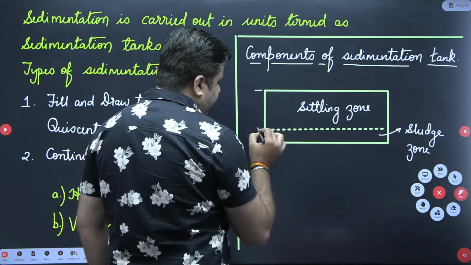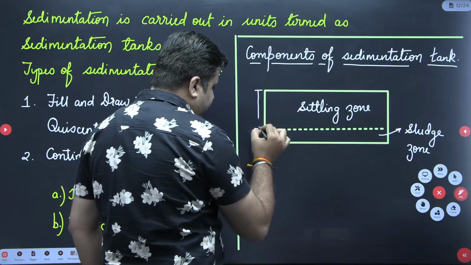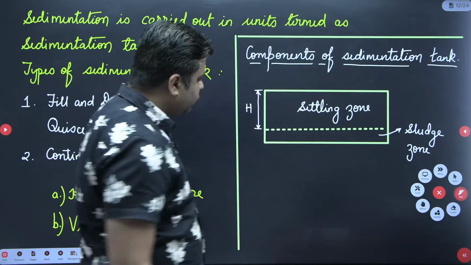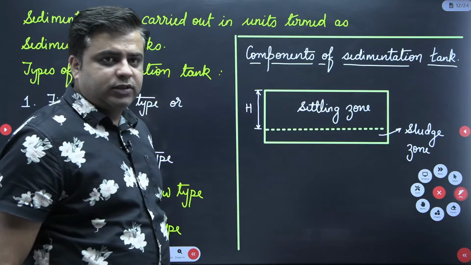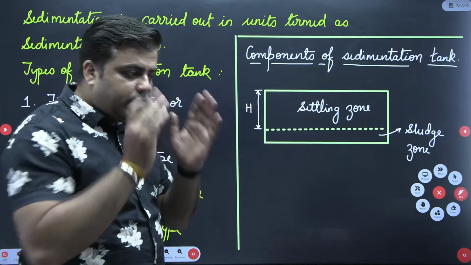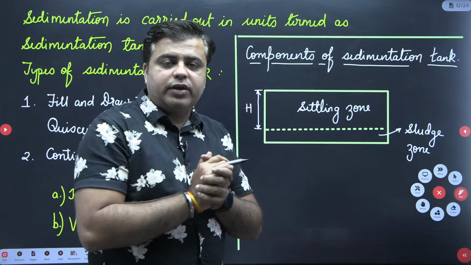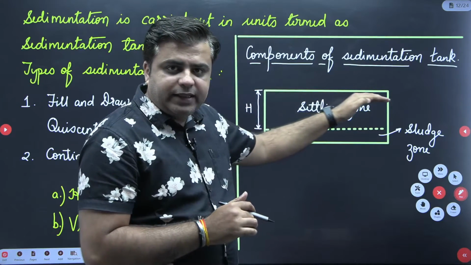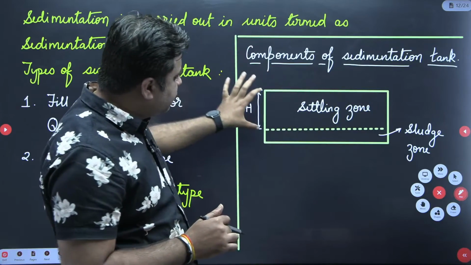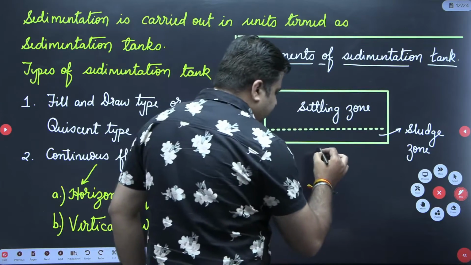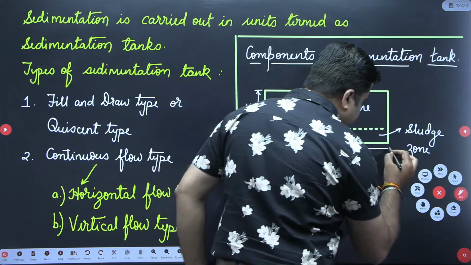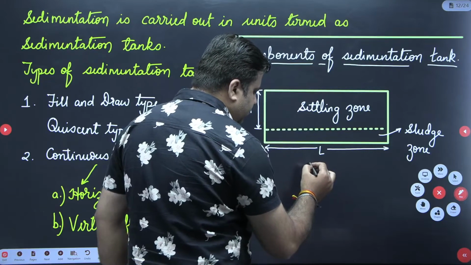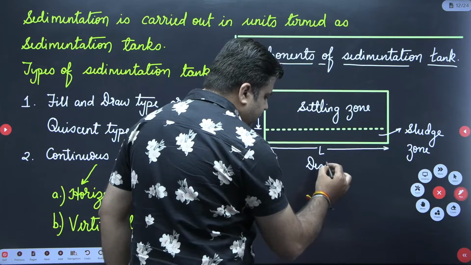This is the height of the settling zone, and this will be denoted by capital H. Now from here onwards, you need to be very clear in your mind, okay? From this end, the flow will take place inside the tank. And this is the length of the tank, L, or I should say design length of the tank.